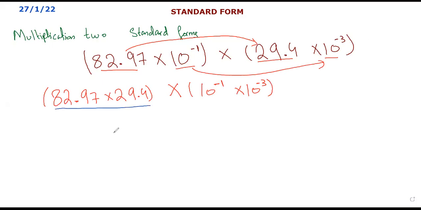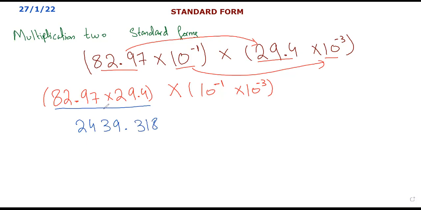Let's multiply these two. What do we get when we multiply this? You can use your calculators. 2439.318. Okay, so we are done with this.